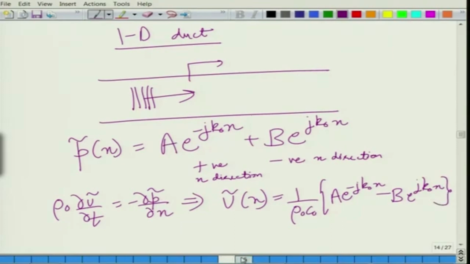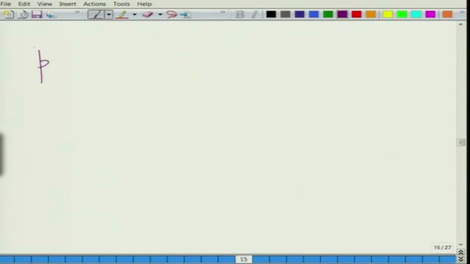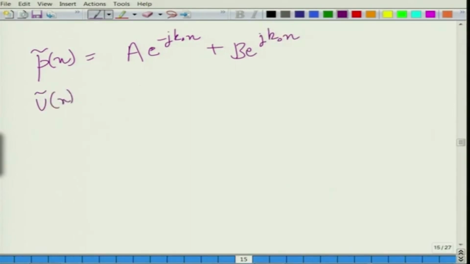So, let me write down this thing very clearly. We need to make some meaning out of it.